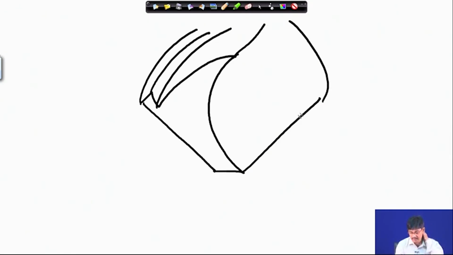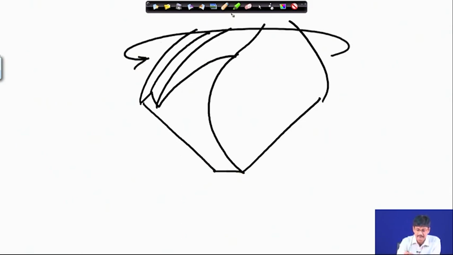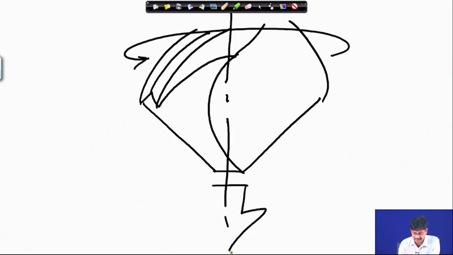This is one cutting lip, this is another cutting lip, and this edge at the top is called the chisel edge. So, when this is rotating, it rotates about this axis, and this is the axis of the drill, and the drill proceeds this way.